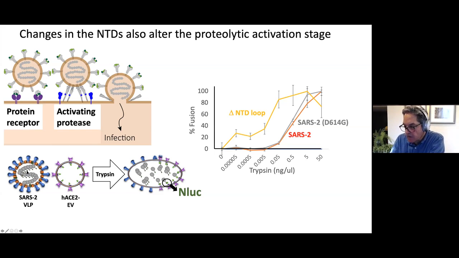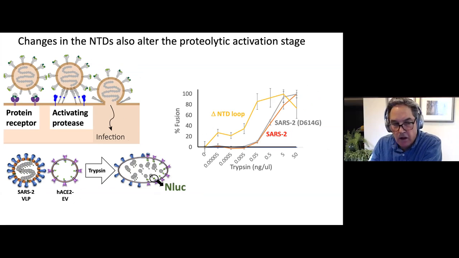And we purify these virus particles and mix them with highly purified extracellular vesicles that we have engineered to harbor ACE2, the primary protein receptor for SARS, of course, that are linked to intraluminal complementary nanoluciferase fragments.